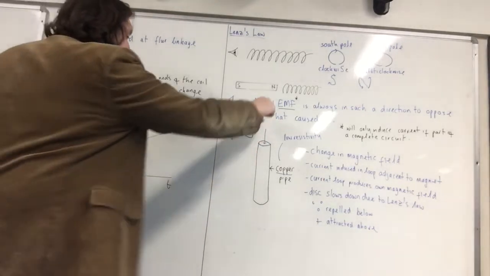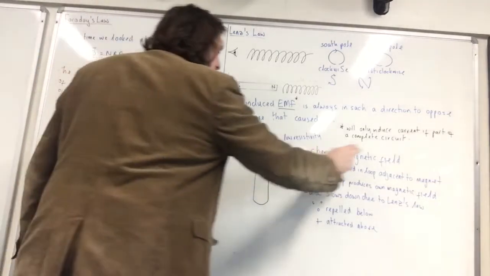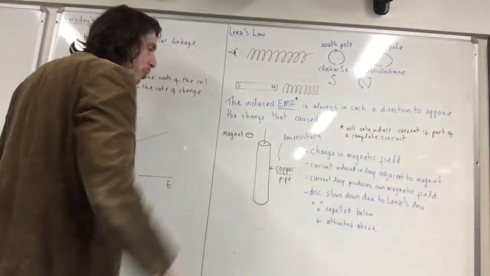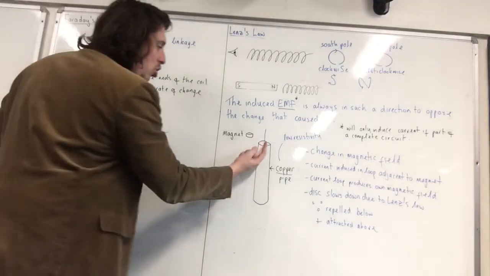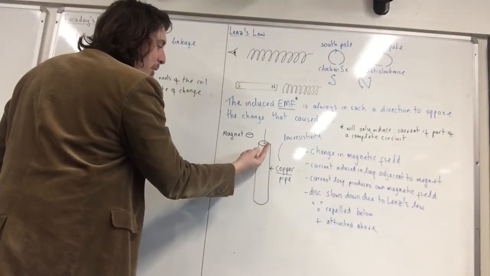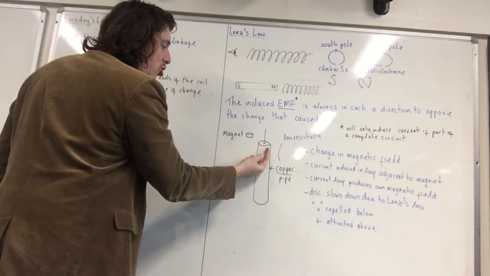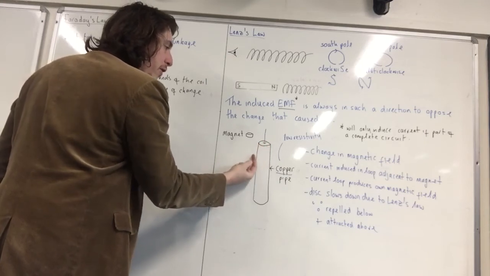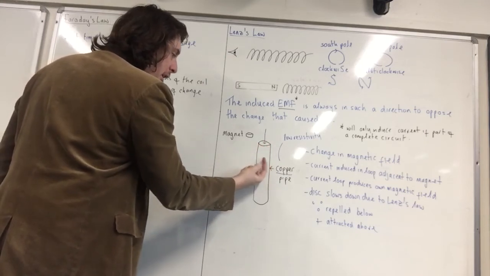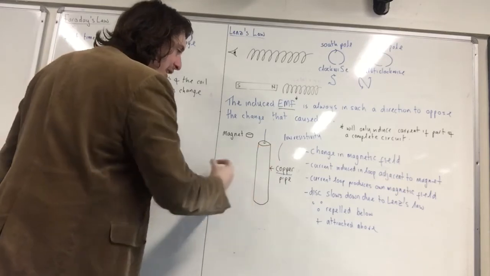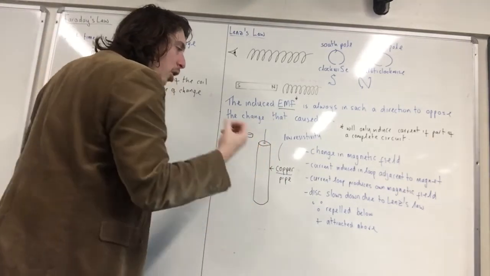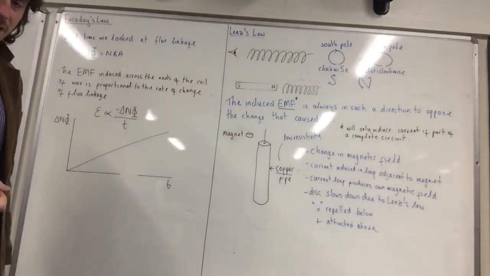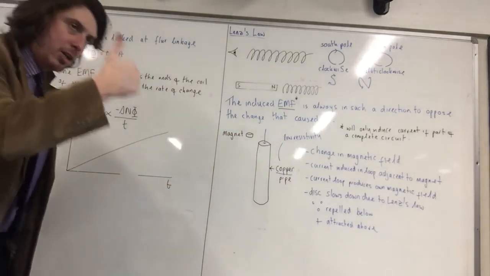When we put that magnet down there, there is a change in magnetic field within the copper pipe. Because of that, it is going to induce an EMF, and because it's all connected, it's going to induce loops of current adjacent to the magnet as it moves down. Because we've got current being induced, it'll also make its own magnetic field, looking at the right-hand grip rule.